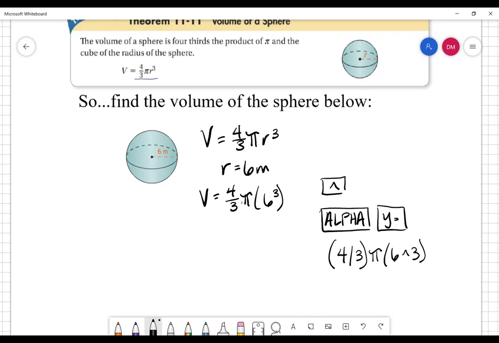I got for the volume approximately 904.778, which rounds up to 78, and that would be meters cubed because, again, here's a volume, so we would deal with cubic units. So hopefully that helps.